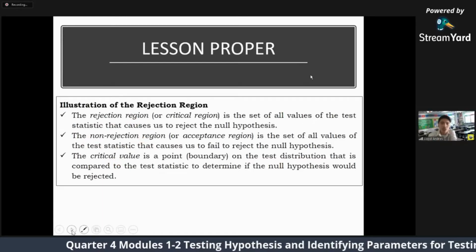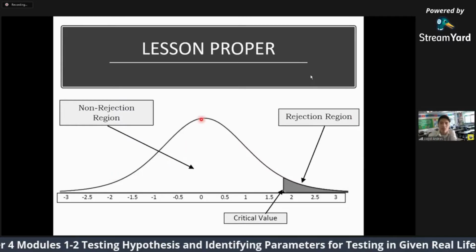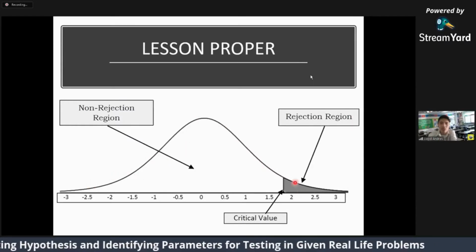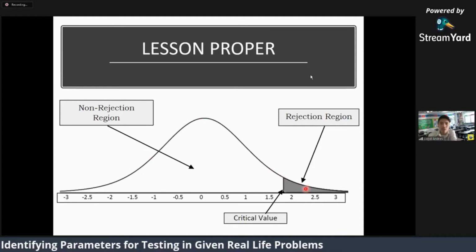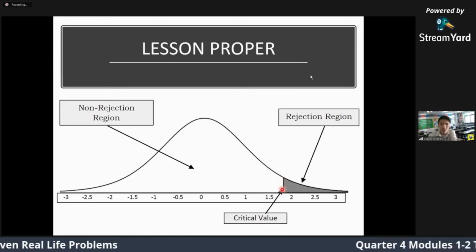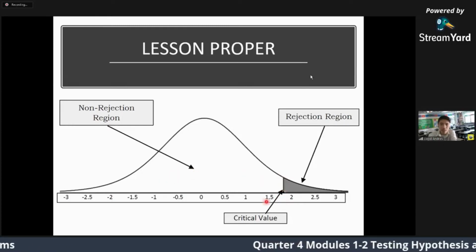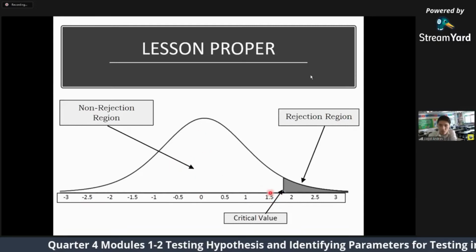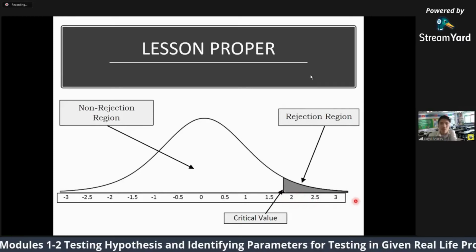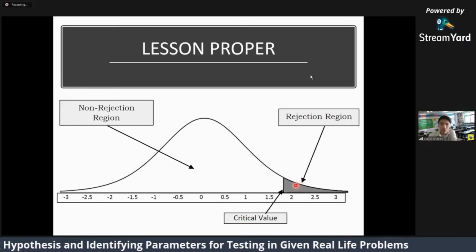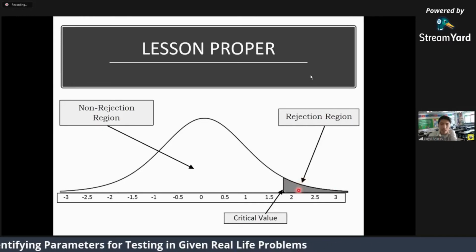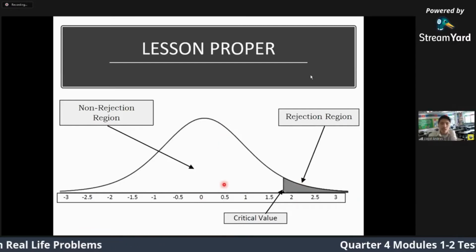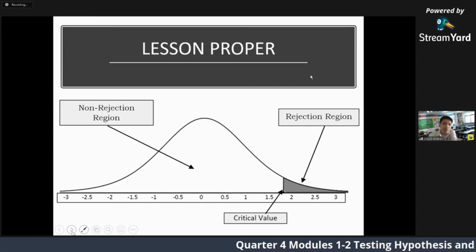For illustration, say for example, this is your situation in your graph, the critical value is the boundary. The values below 1.5 going this way are under the non-rejection region. While those beyond, like 2, 2.5 and so on, are under the rejection region. If your value falls here, you reject the null hypothesis. While if your value is here, then you should not reject the null hypothesis, because it is the non-rejection region.